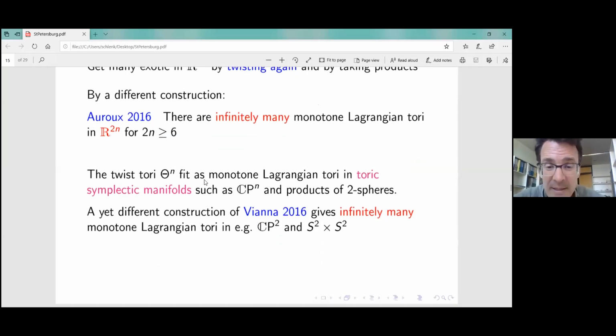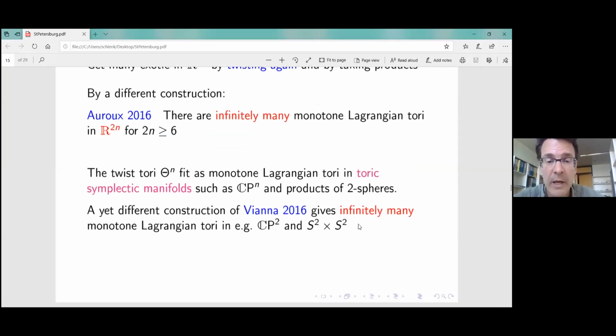However, in CP2 and in S2 cross S2, infinitely many are known by this famous Vienna construction with nodal slides. I will not come to it, but this is a different construction and needs almost toric fibrations and is very attractive. But sorry, I have just no time to explain that.